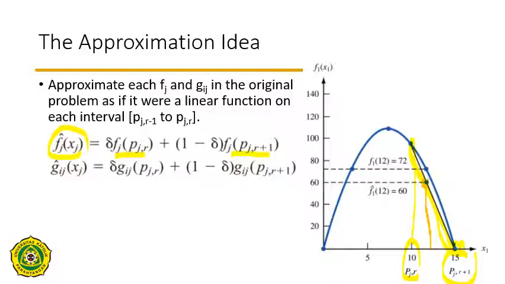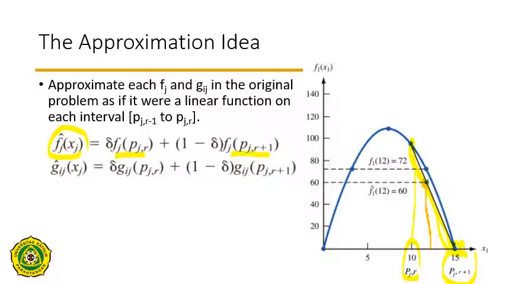There is a chance that this approximation is different from the actual function value, of course, because the original function is nonlinear, and here we are assuming that everything is linear between two grid points. So of course there will be a difference between the actual function and the approximation. You may also notice that the difference will be smaller and smaller if your grid points are very close to each other.